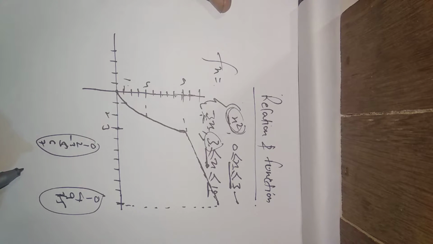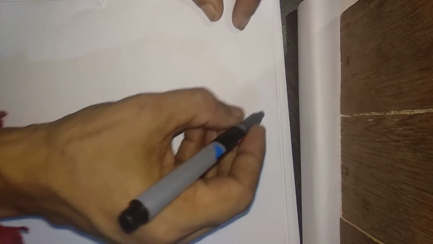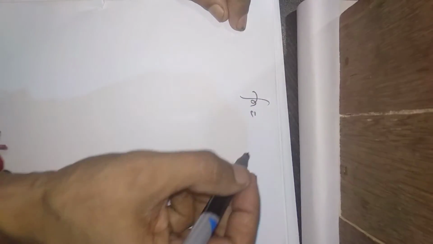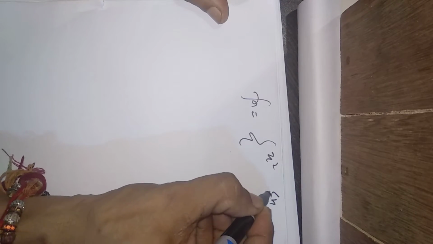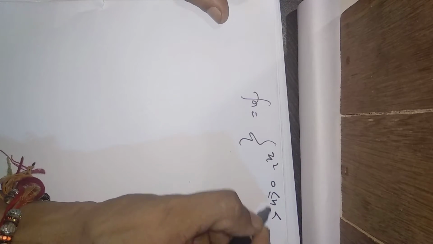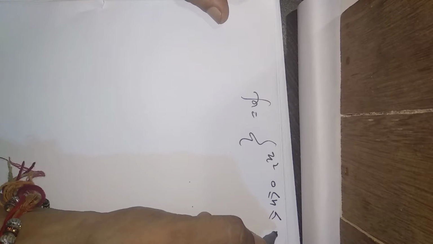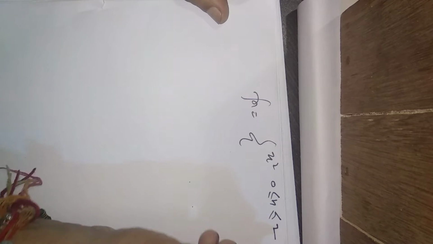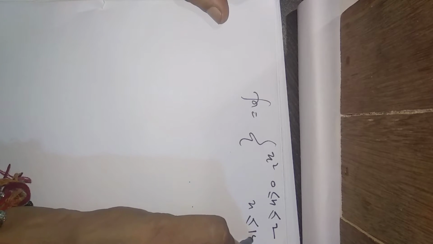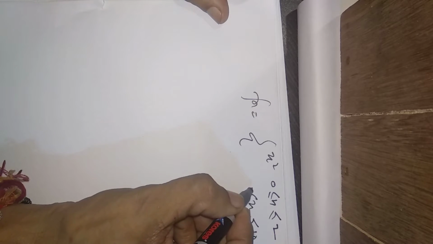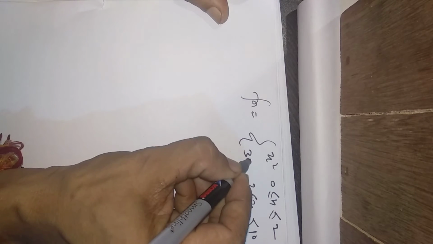Now if we take another example, f(x) is again defined by parts: x square when x is greater than or equal to 0 and less than or equal to 2, and further when x is greater than or equal to 2 and less than or equal to 10, it approaches 3x.